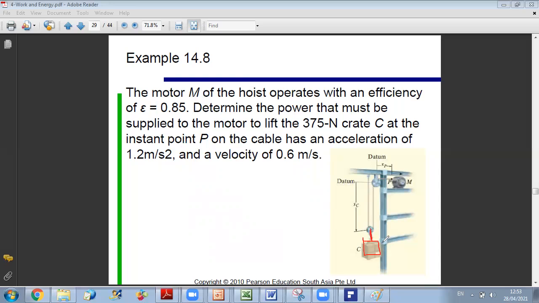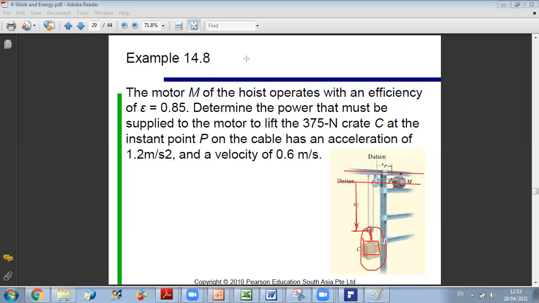This is why, to define their motion, I just need one coordinate for block C, which can be just until the center of this pulley because they move together. So this is my first coordinate. Concerning the reference, I am free to take any fixed reference. I can take the ceiling, or I can take this line passing through the center of this fixed pulley. So here they choose this line as the datum or reference.